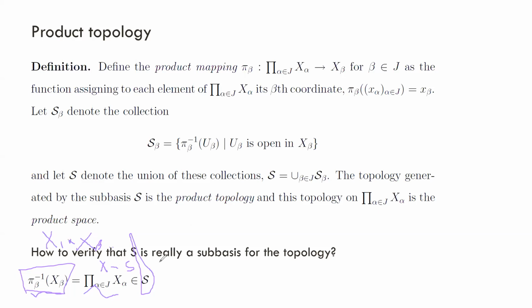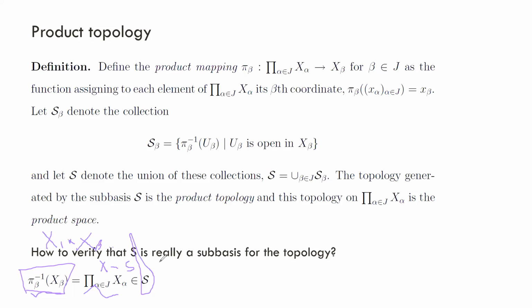So if you want to show it's a subbasis, in general, you only want to show that if you take the union of this collection of subsets, you get everything. So this collection can cover every element of your whole set.